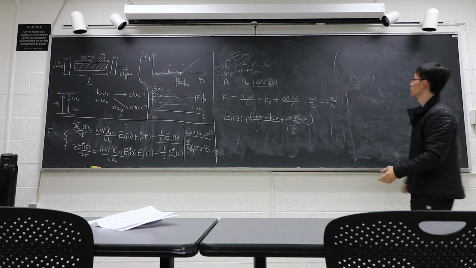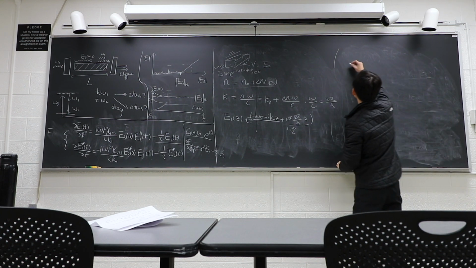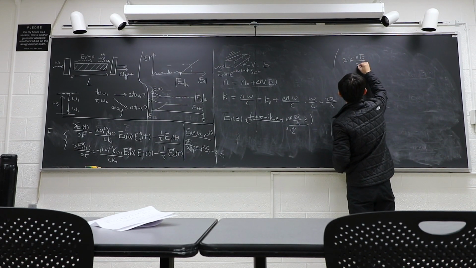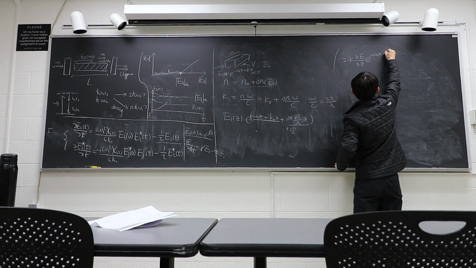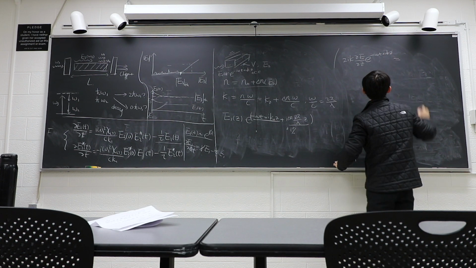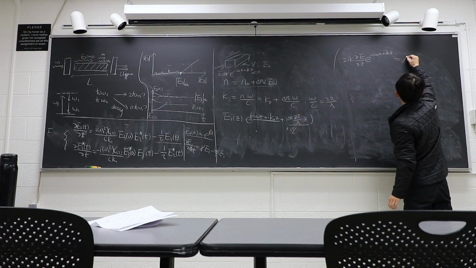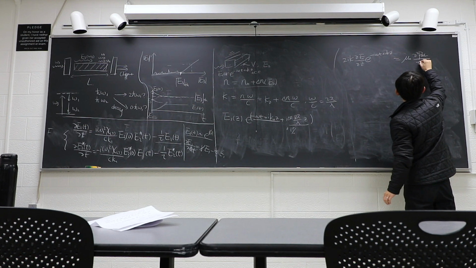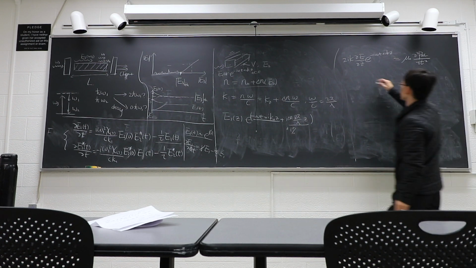But this can also be unified into our picture. We have 2ik partial E partial z equals to, right, this is our standard way of calculating the nonlinear effect.